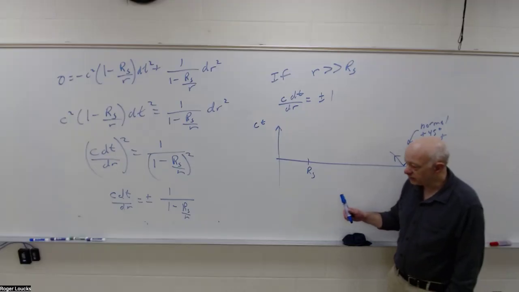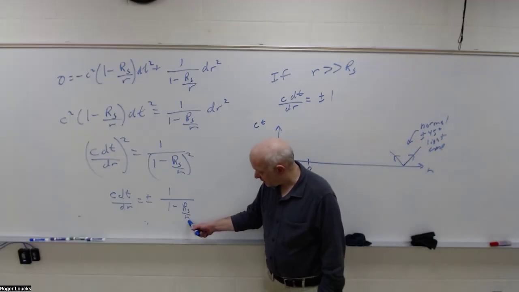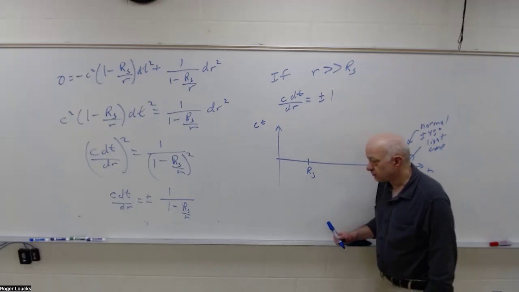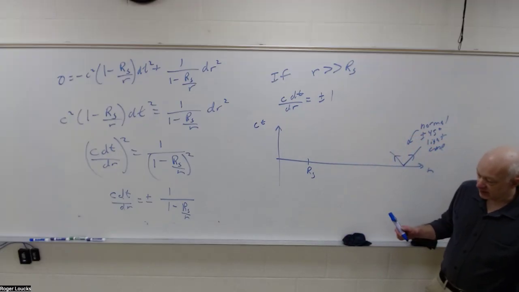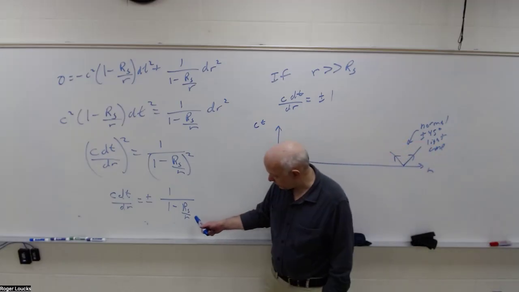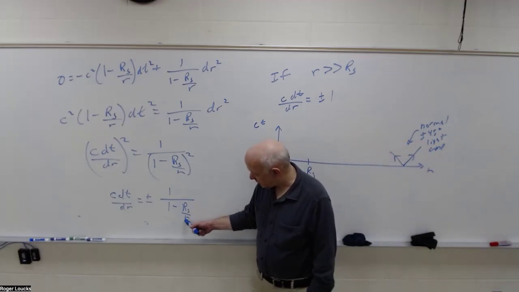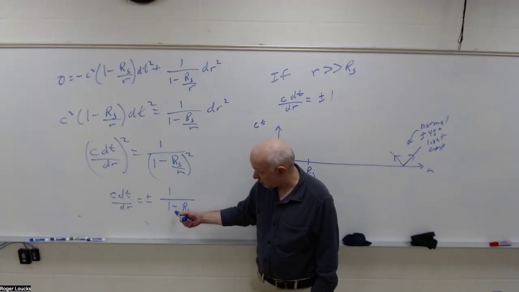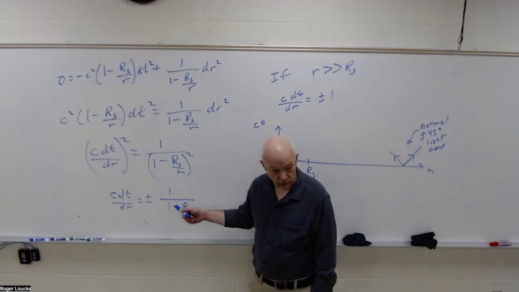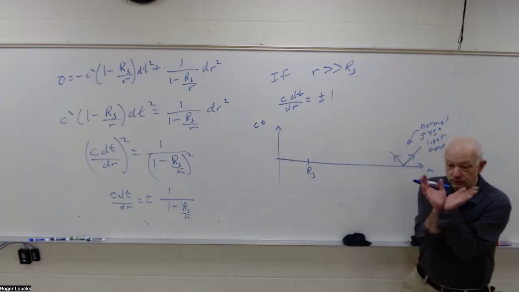Now, what happens as r becomes closer and closer to r sub s? What's going to happen here is this gets closer and closer to 1. You get 1 minus something closer to 1. It becomes small, so this is going to get larger and larger. So what's happening then to my light cone?